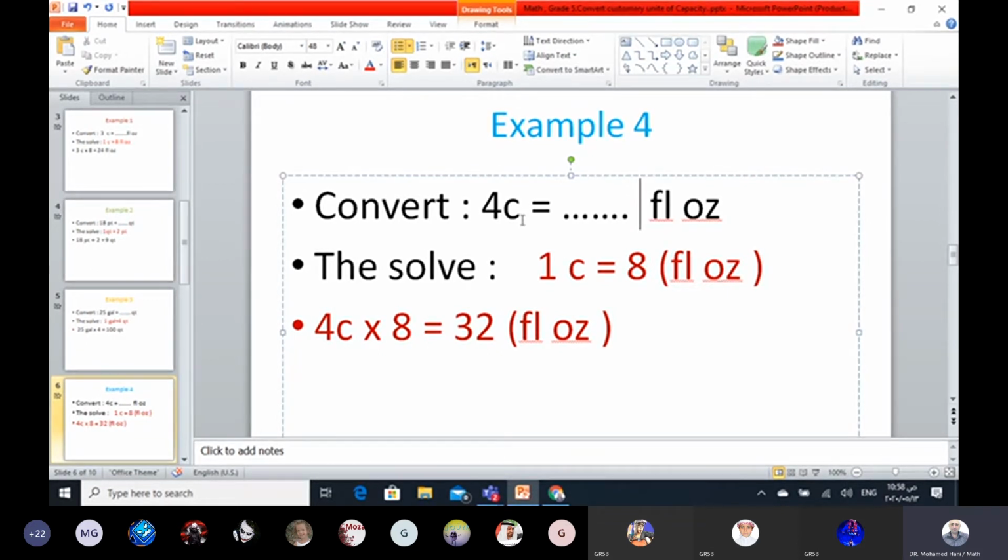We want to convert from the big unit to the small unit, so we multiply. I can write 4 cups multiplied by the relationship, 8. 4 times 8 equals 32 fluid ounces.